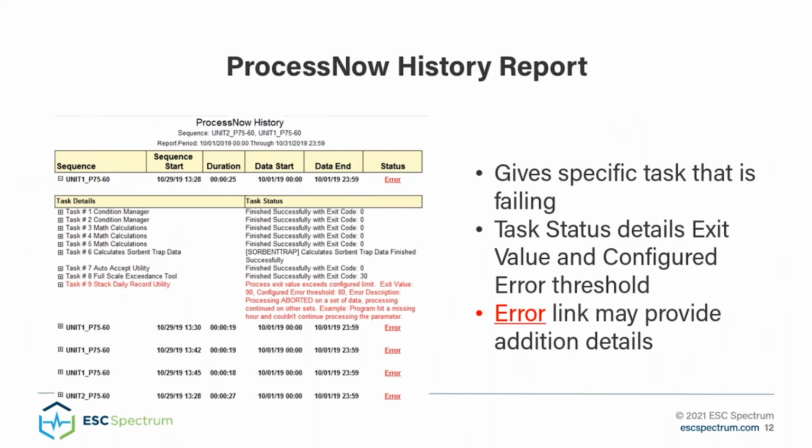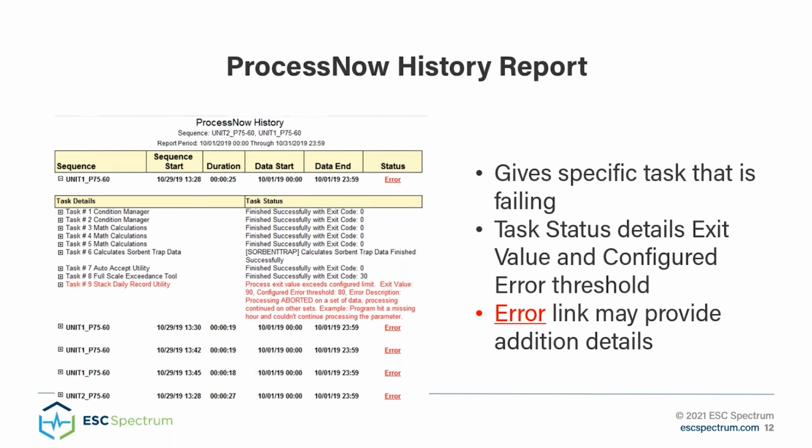Aside from showing you which task failed, under the task status column of the dropdown, the report will show you what the exit code was of this specific task that failed and what the configured error threshold is.